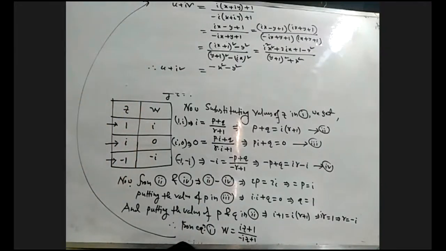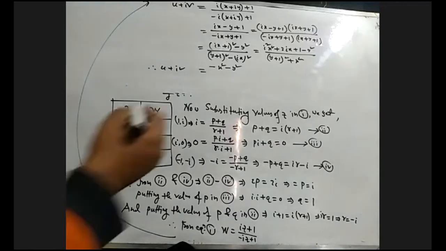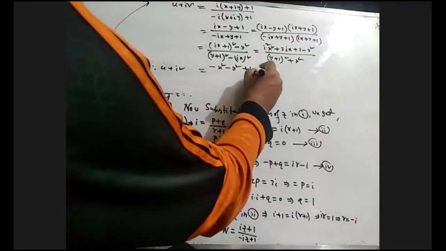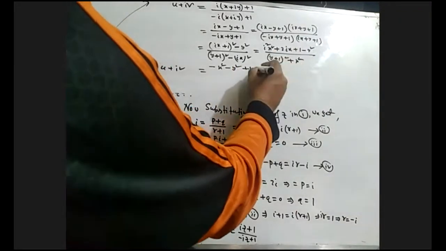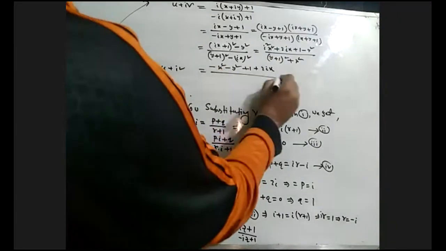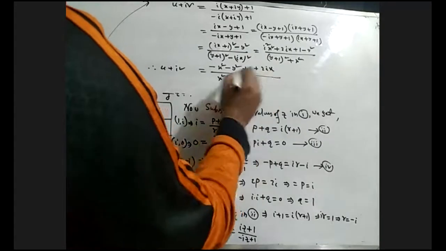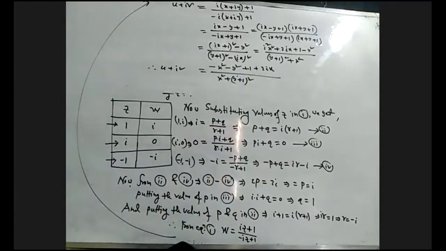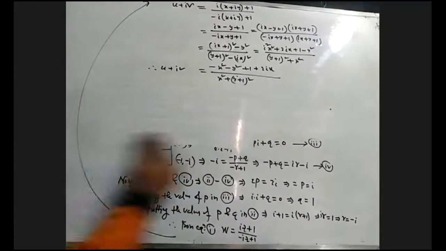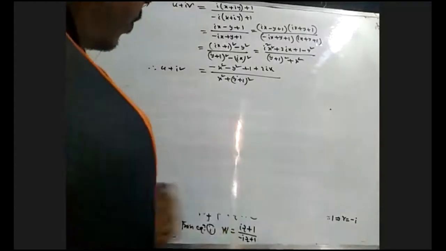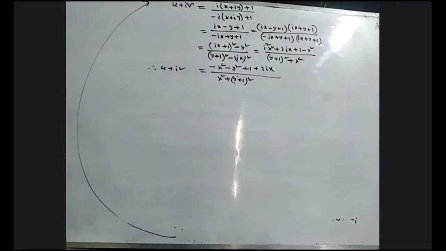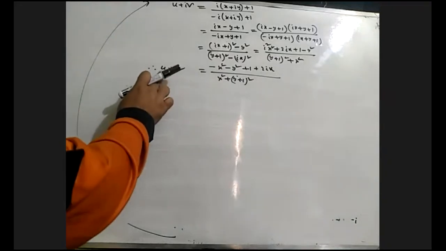Plus 1 minus twice y plus twice ix, divided by x square plus (y plus 1) whole square. So this is the u, the real part here.